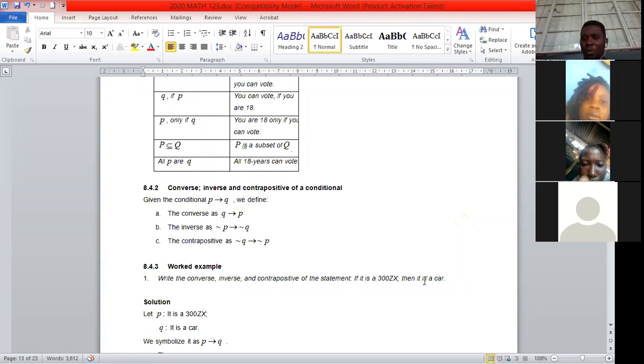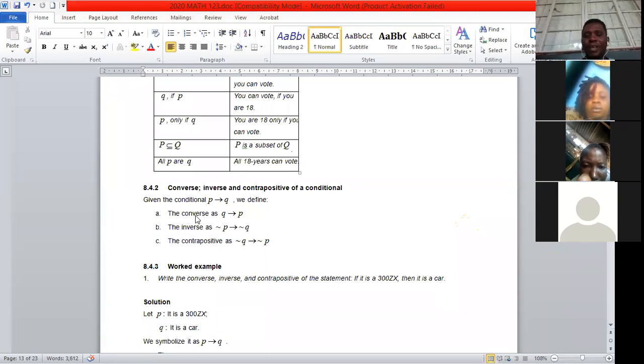Now look at the statement that I have here. If it is a 300 ZX, then it is a car. That is a conditional statement. True or false? Definitely it is true. Now, how do I write the inverse of that conditional statement?